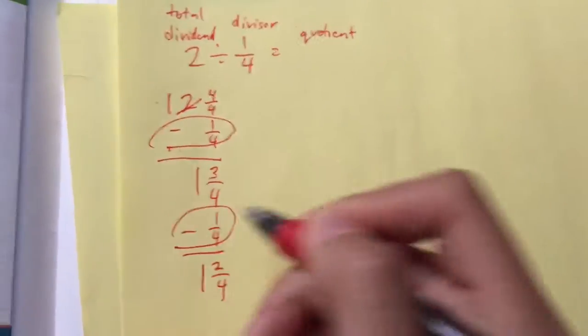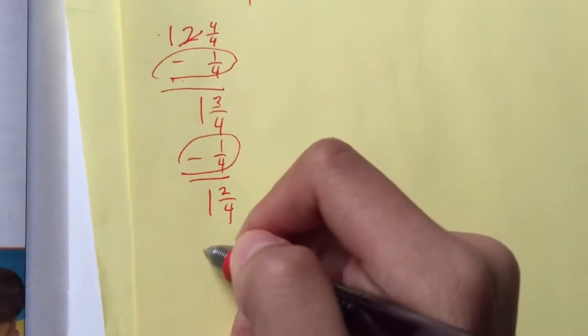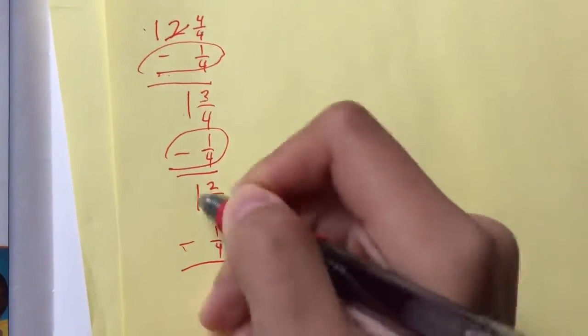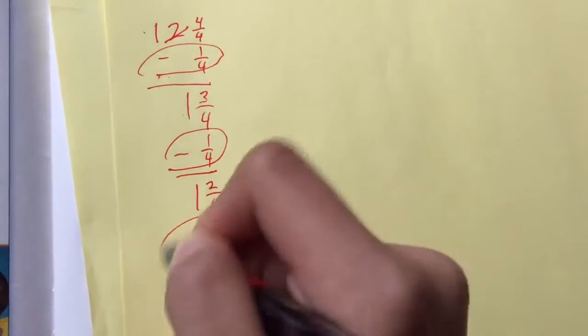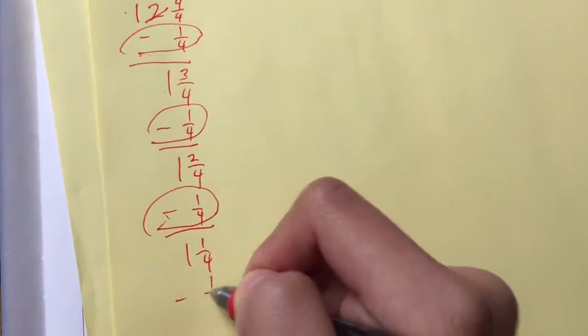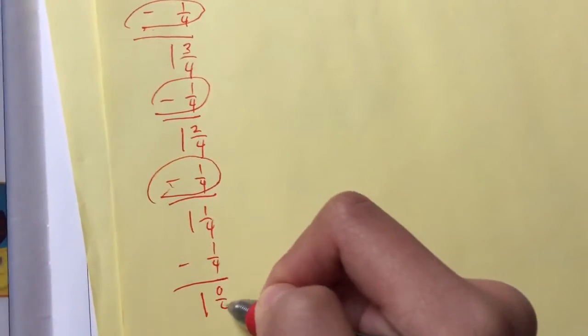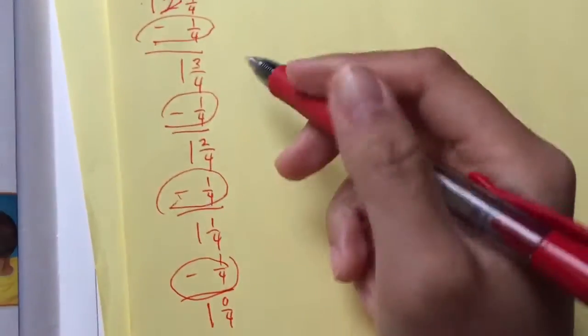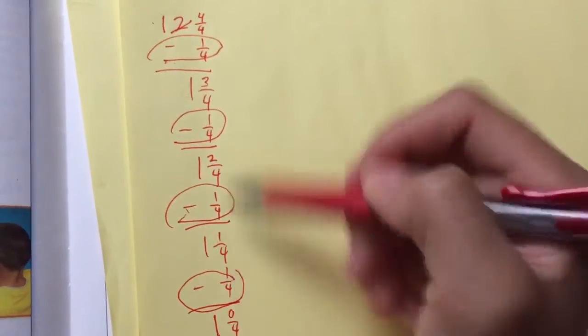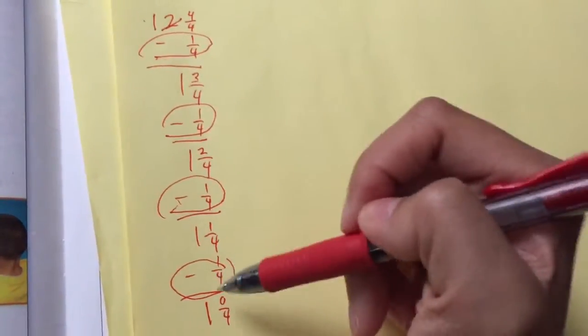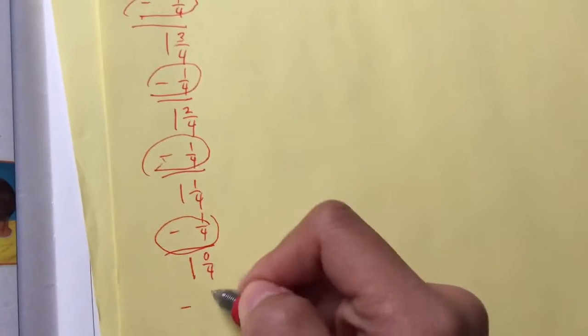We're able to subtract it 2 times. Minus 1/4. 3 times. Minus 1/4. 4 times, which makes sense because 1, 2, 3, 4 is a whole, and 2 went down to 1 now. Minus 1/4.